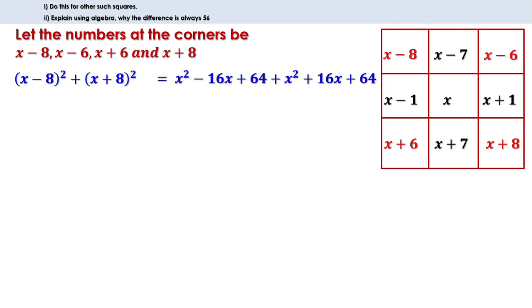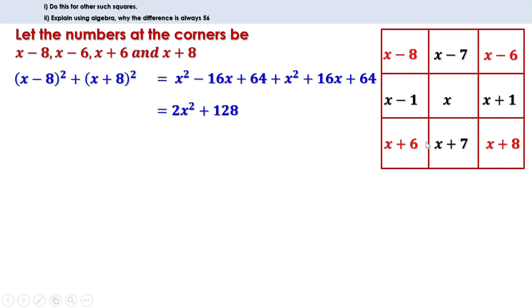So we can write this as x square minus 16x plus 64 plus x square plus 16x plus 64. Minus 16x and plus 16x is 0. x square plus x square is 2x square. 64 plus 64 is 128.